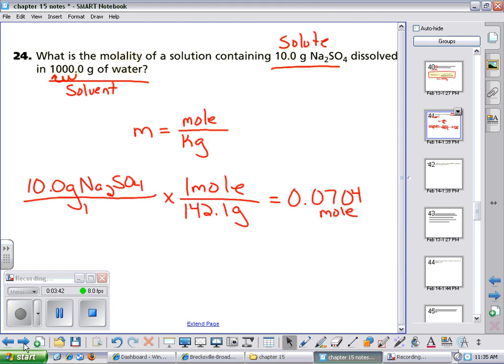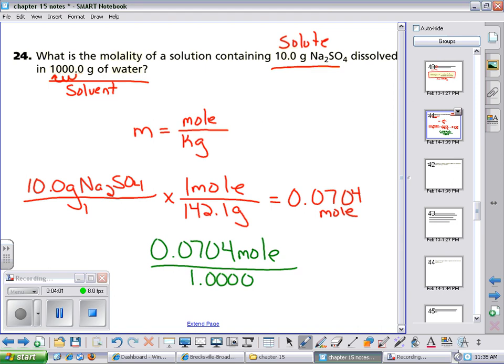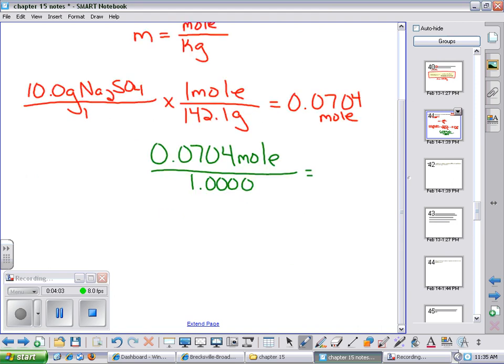So according to my equation, I take my moles, which I just determined was 0.0704, divided by my kilograms of my solvent, which when we move the decimal point is 1. All those zeros are significant, so you got to keep them significant. Divide the 2 of them.